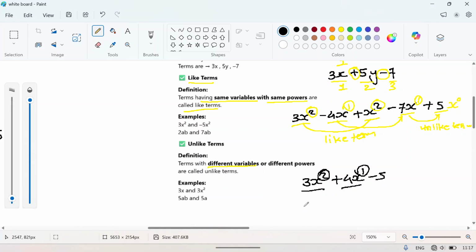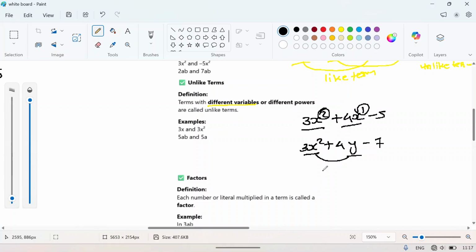So it's unlike terms. Also we can write 3x squared plus 4y minus 7. In this algebraic expression, the variables of the terms are different. Here the variable is x and here the variable is y. So these both are unlike terms which have a different variable.